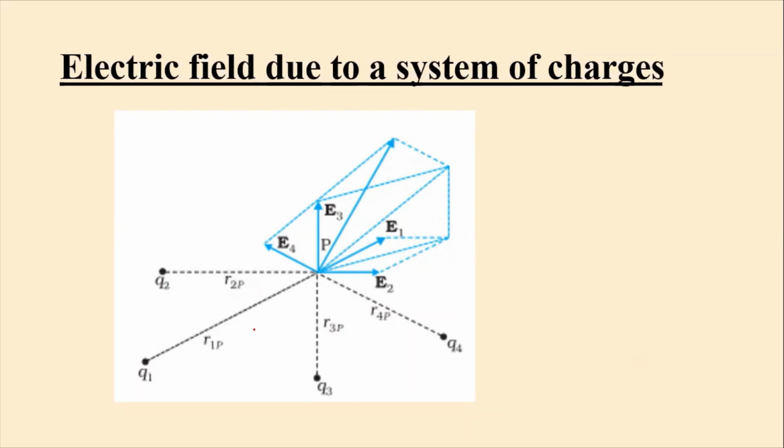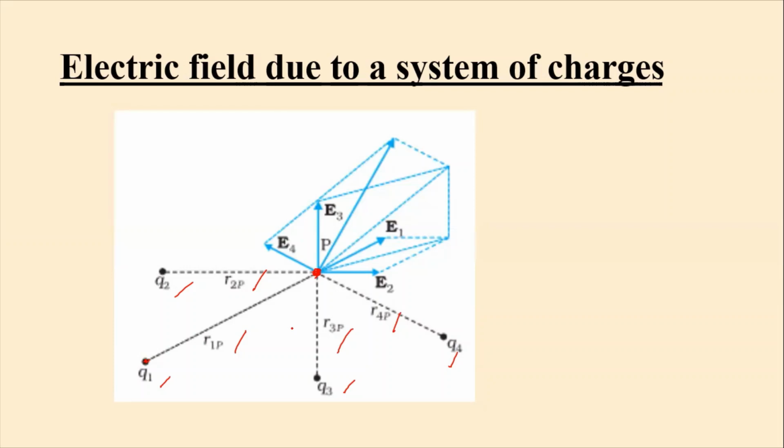You can see here there are 4 charges, Q1, Q2, Q3 and Q4. Distance between Q1 and the point at which we are going to calculate the electric field. Distance is taken as R1P, R2P, R3P and R4P respectively.